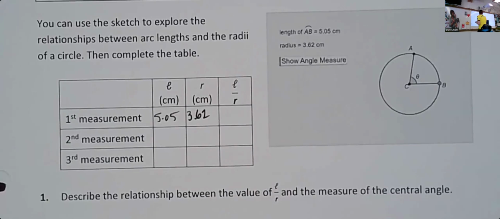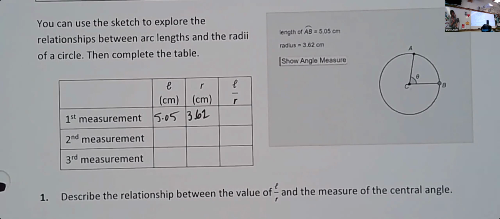And then you're going to divide 5.05 by 3.62 to figure out the ratio between those two. So I want you to go ahead and do that real quick, and I'm going to get something else set up here. Go and do that calculation and then write in the answer.